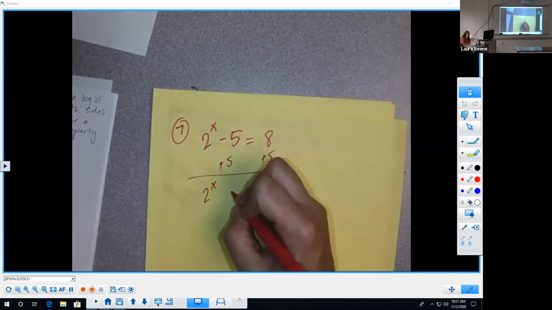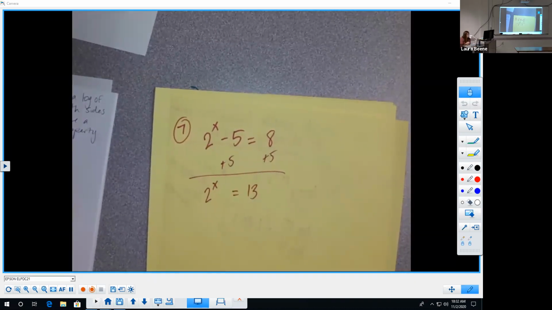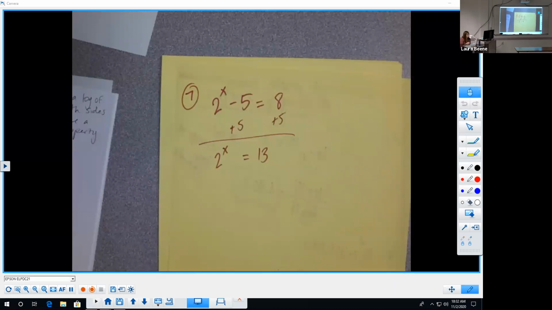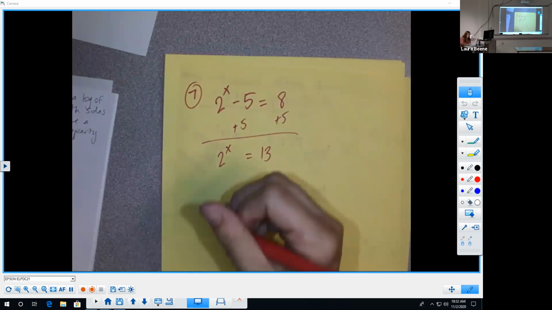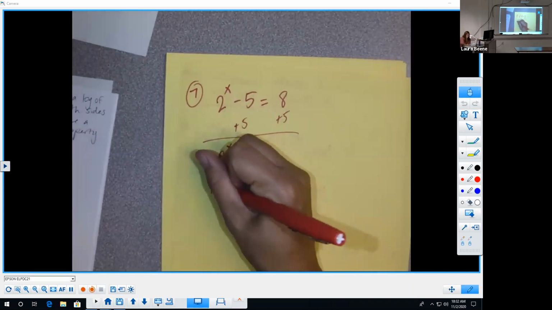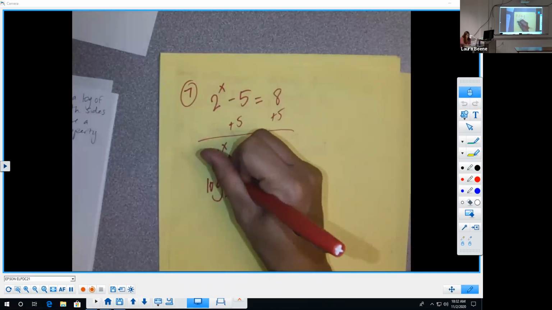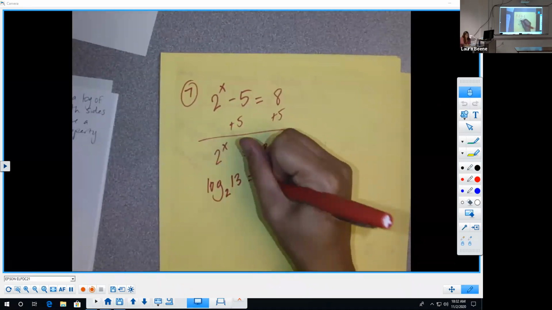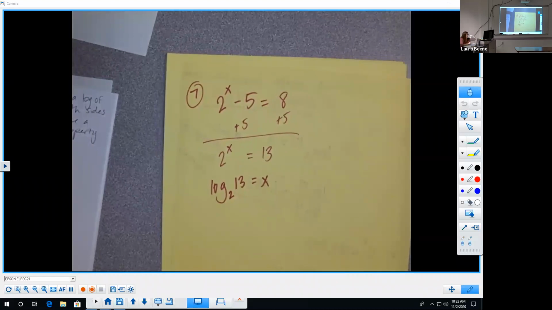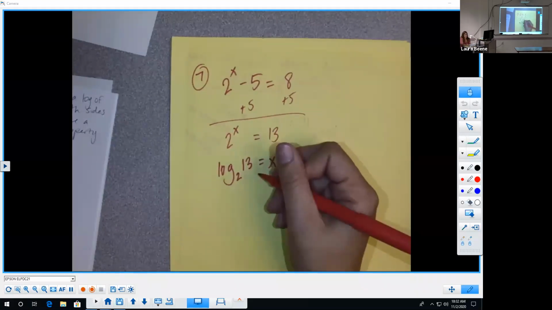And I get 2 to the x power equals 13. So then from there, now I can change forms. Log, what's my base of my log? Log base 2 of 13 equals x.